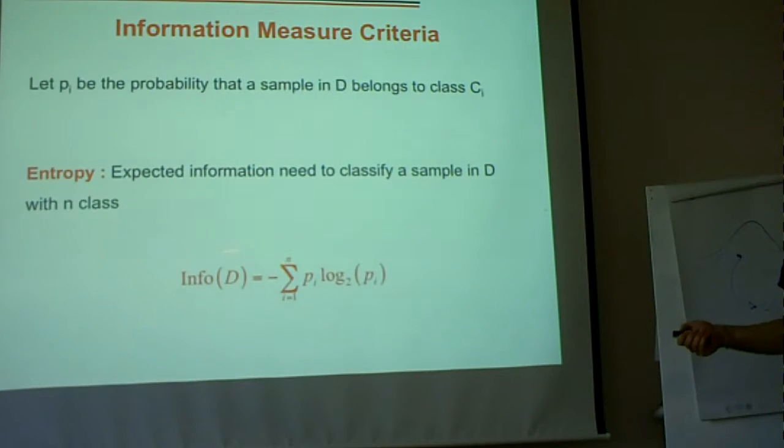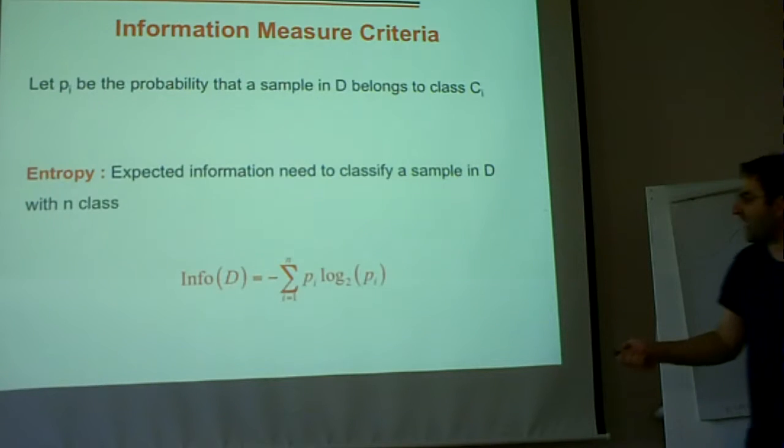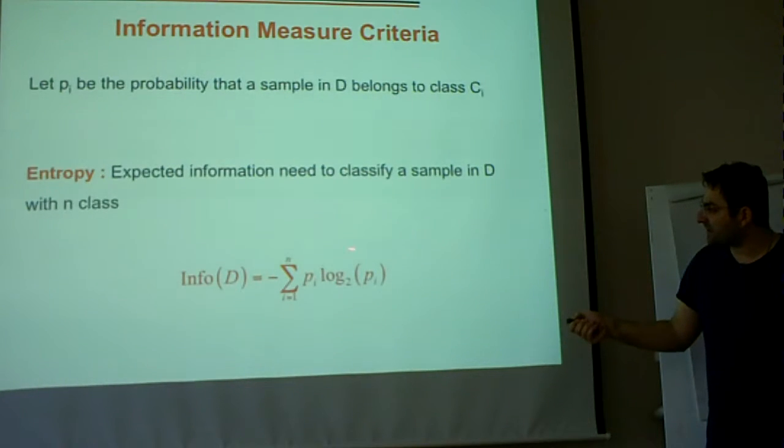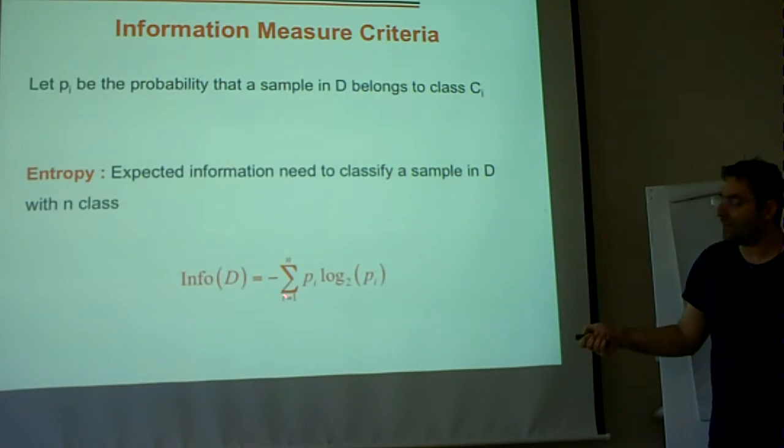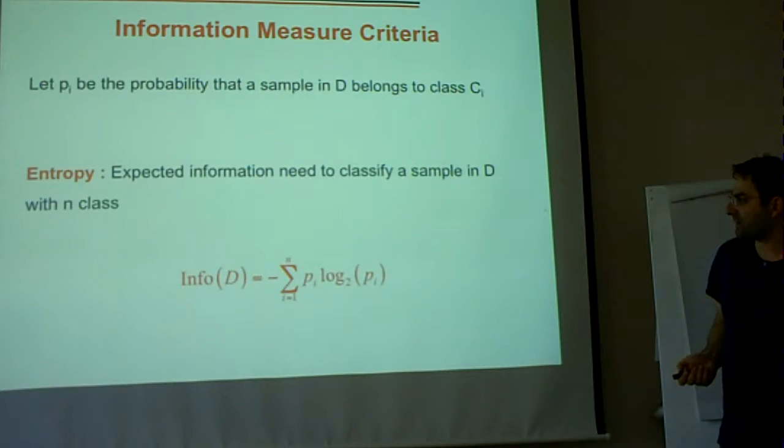Now, information or entropy is always a positive number, which means that the result of this summation is always a negative number, and that's why we multiply it by minus.